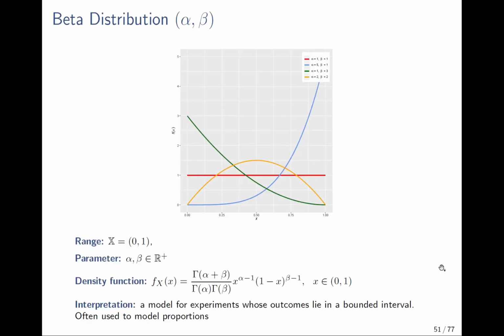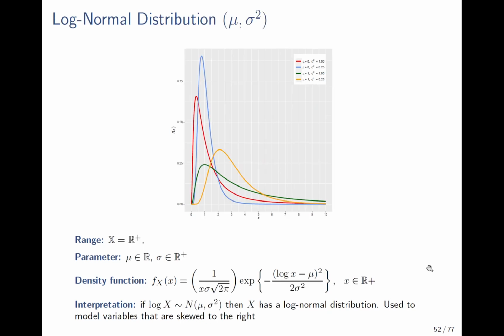Okay, beta distribution, a model for experiments whose outcomes lie in a bounded interval. This is a distribution that's often used to model proportions. The log normal distribution is skewed to the right, as you can see, unlike the normal distribution.